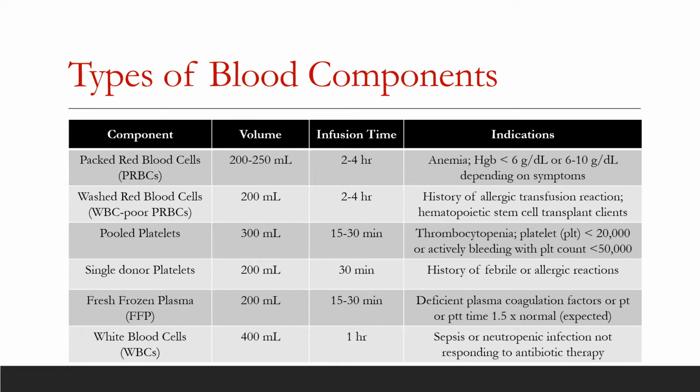Like my normal is normal, whereas someone who's on Coumadin, their normal would be high for me, but we want theirs to be thin, right? So their normal is a different normal. That's why this different expected normal is a clarification here. But if it's 1.5 times what their expected normal is going to be, then they may need some clotting factors, and therefore we are giving them FFP.